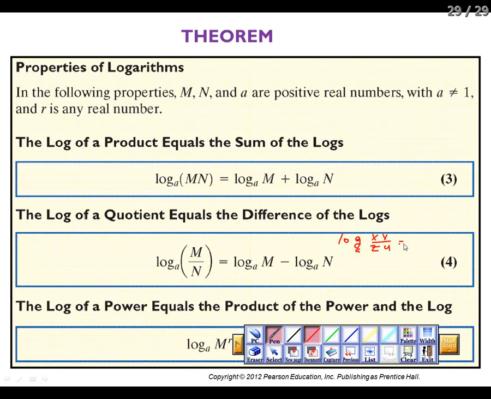Well, this will be log x to the a power plus log y base a power minus log z base a minus log u base a. So anything in the denominator will get a minus. Anything in the numerator will get a plus. That's one way to remember that.